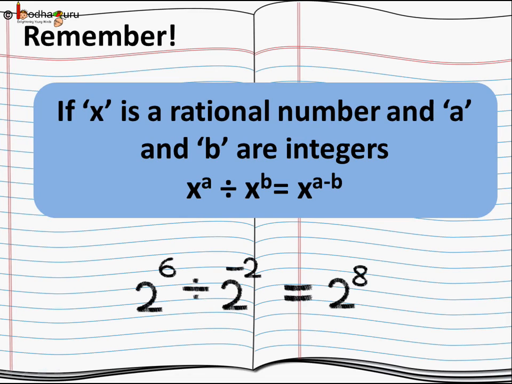Therefore, if we have 2 to the power 6 divided by 2 to the power minus 2, what to do? We just subtract the exponents, or the powers. So here it becomes 2 to the power 6 minus minus 2. This becomes equal to 6 plus 2, and we get the answer as 2 to the power 8.